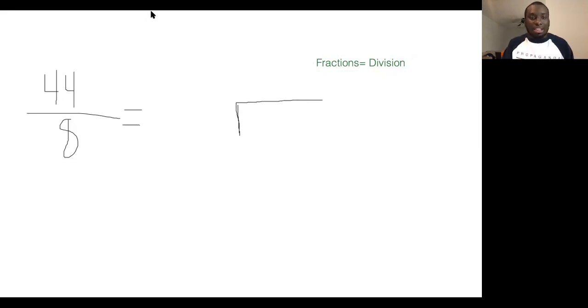Now, my scholars, we have practiced and practiced this idea. Before we even ask that question, I'm going to first label the parts of my fraction. I know that this part right here is my numerator, and this part right here is my denominator.